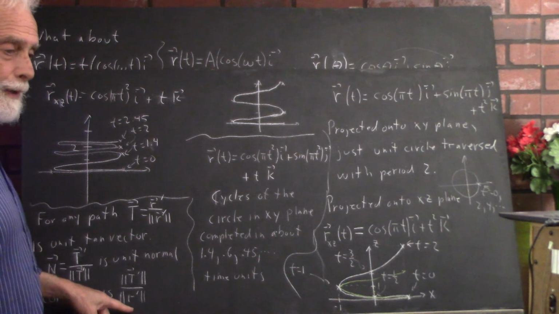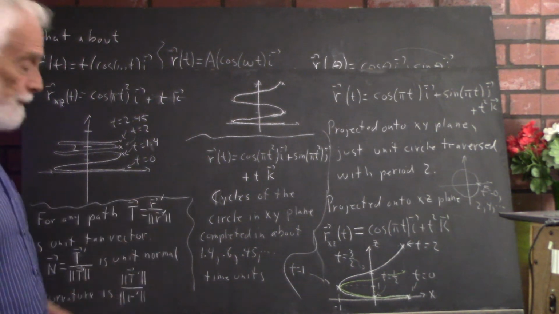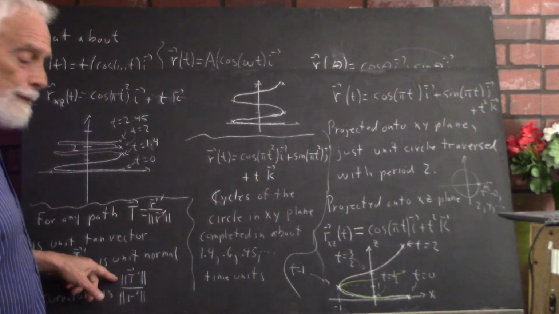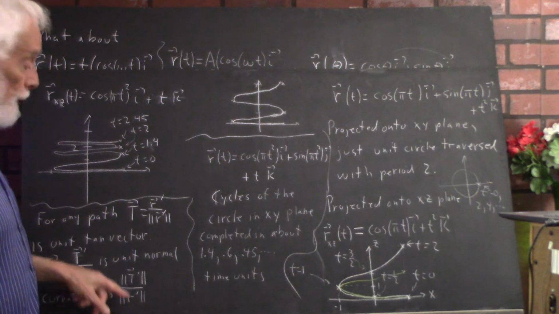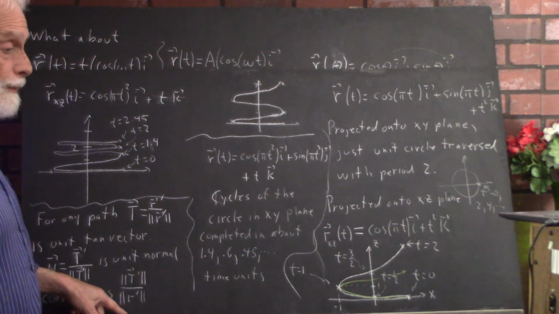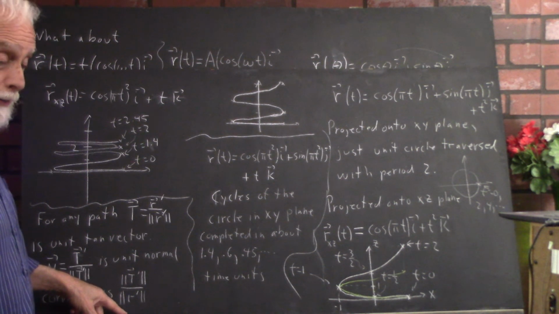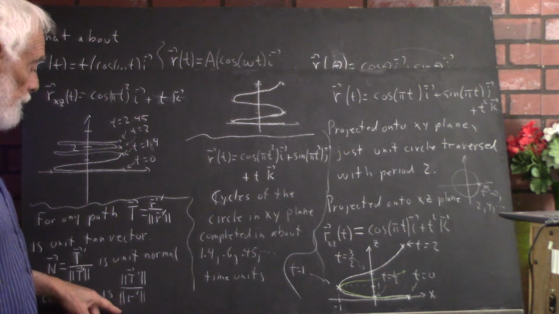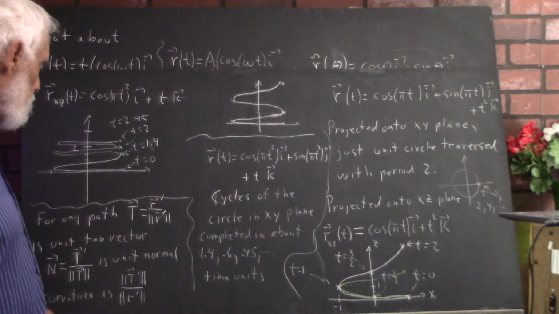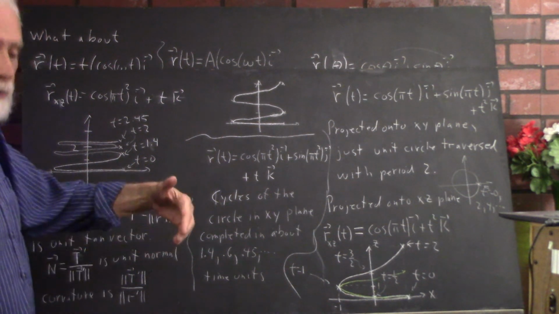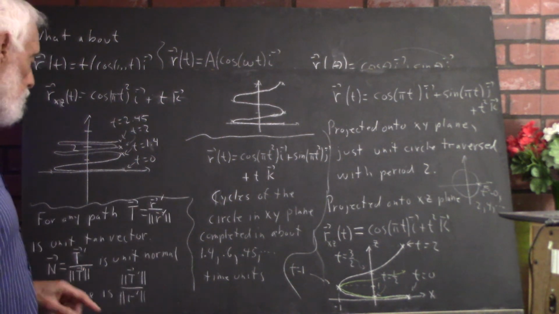And you compensate by dividing by how fast you're moving. Okay, so that's the rate at which distance along the arc is changing in time. And if you divide it out, you get the rate at which the unit tangent vector is changing with respect to distance along the arc. And that's what we call curvature.